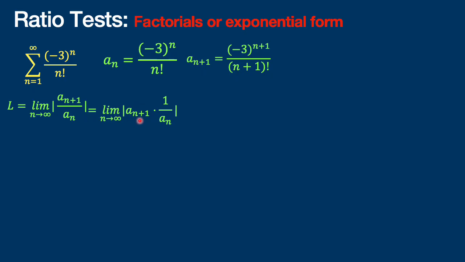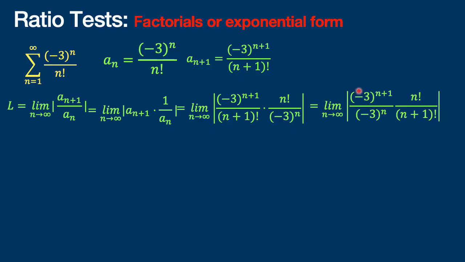Rewrite it as a_(n+1) times 1 over a_n. a_(n+1) is (-3)^(n+1) over (n+1) factorial. 1 over a_n is the reciprocal, n factorial over (-3)^n. Now we have (-3)^(n+1) over (-3)^n, times n factorial over (n+1) factorial.